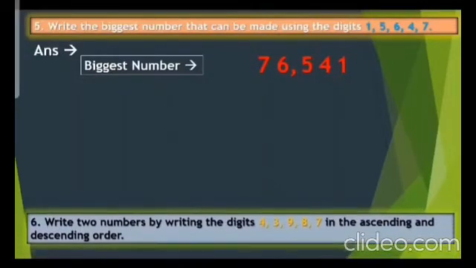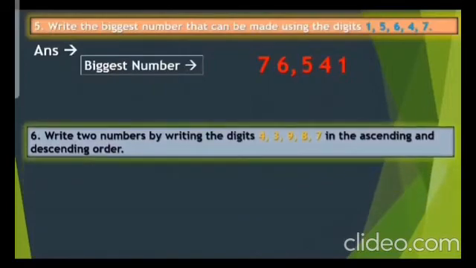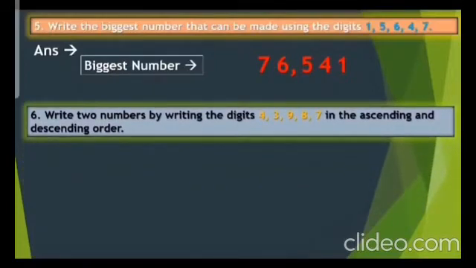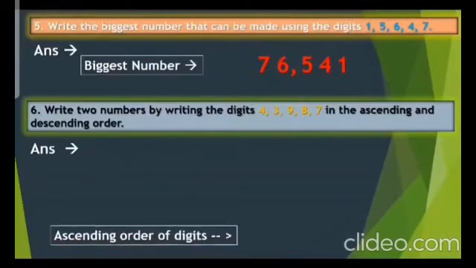Now, children, let us see the question number 6. Question number 6 is write two numbers by writing the digits 4, 3, 9, 8, 7 in the ascending and descending order. Now, children, for ascending order, we'll first write the ascending order in digits, only the digits. When writing ascending order, we have to start with the small number. Now, which is the smallest number in the digits given above?